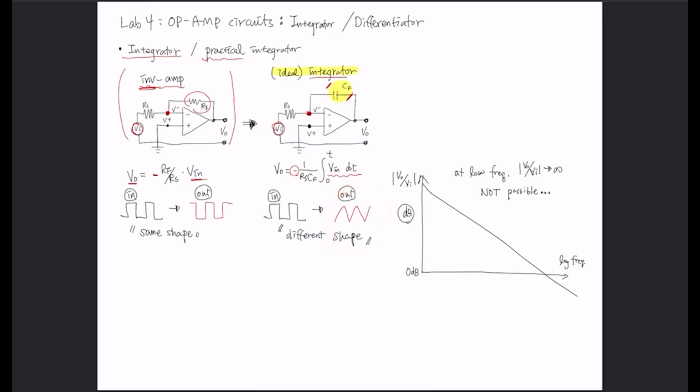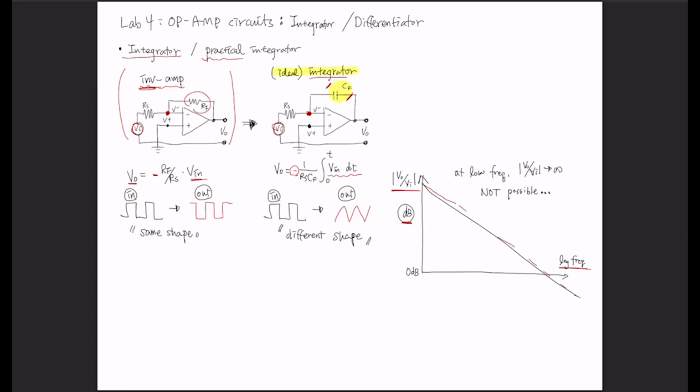Now the frequency response, the output over input gain in dB scale. If we plot that against the log of frequency, we're going to have a straight line going down.